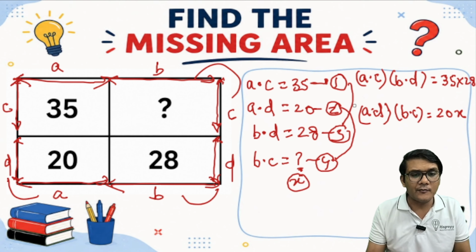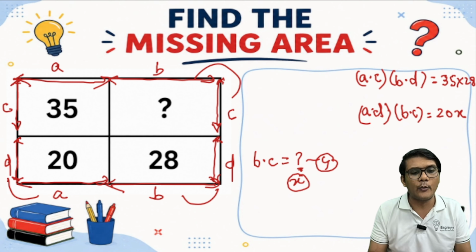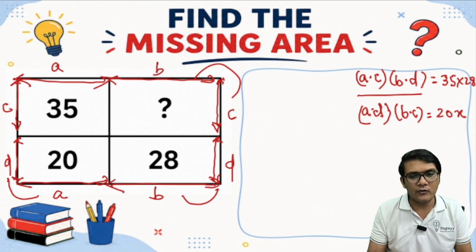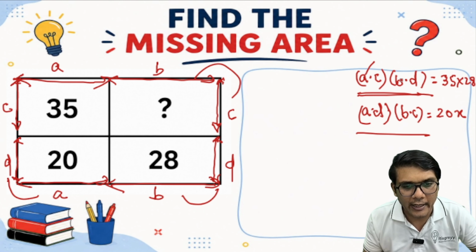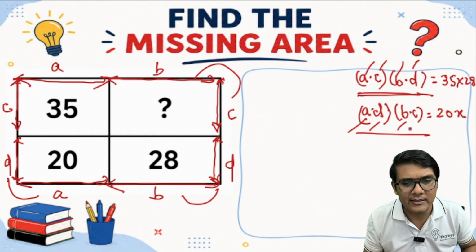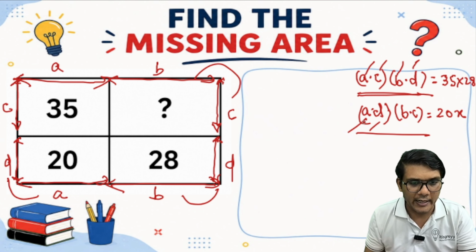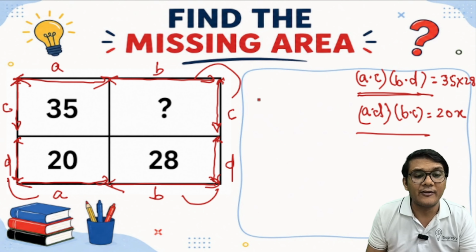Now here comes the interesting point. What is the interesting point? If you look at the two new equations that we have formed, in this one you see A, B, C and D, whereas here also you see A, B, C as well as D. So in both the equations A, B, C and D are multiplied with each other.